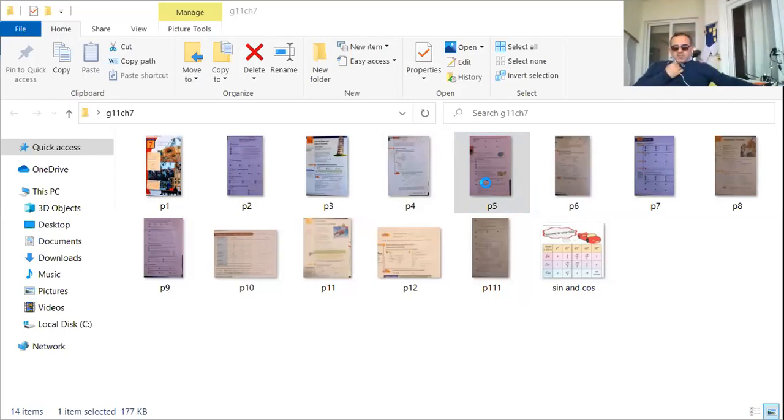Very, very important for next year. Tangent ratio identity: tan theta, you have to memorize this one. Tan theta is equal to sine over cosine. You know from last year, the first.